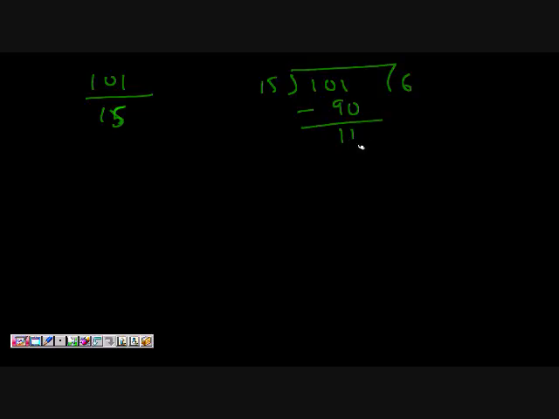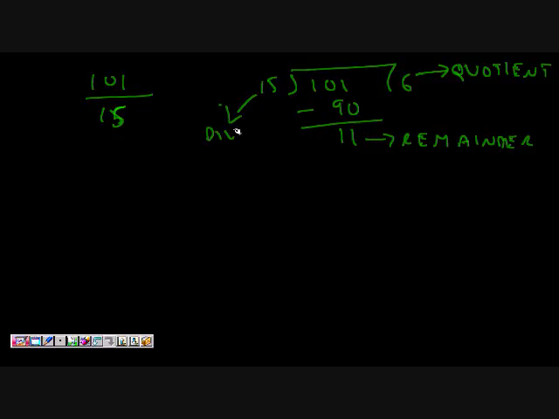Based on this example, the whole number is the quotient, then the remainder and the divisor. So we can write this as 6, which is the whole number, remainder divided by the divisor, 6 and 11/15. 6 and 11/15 is equal to 101/15.